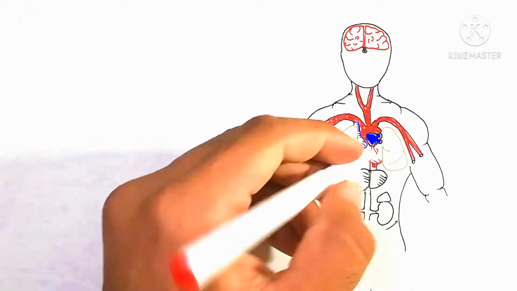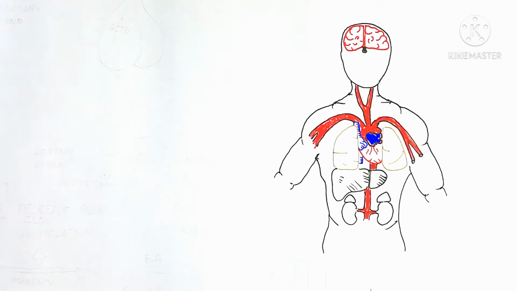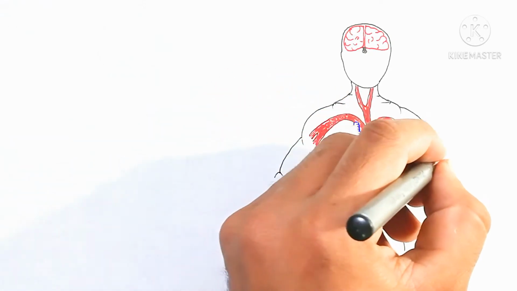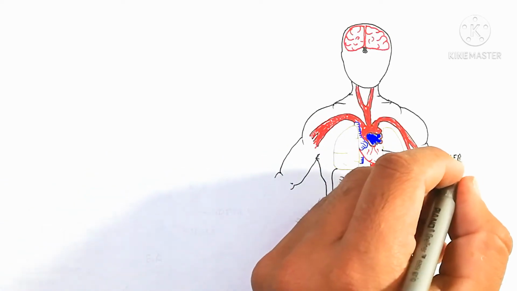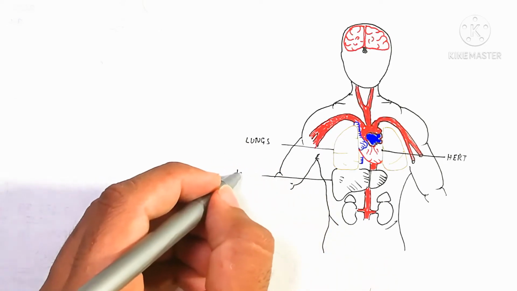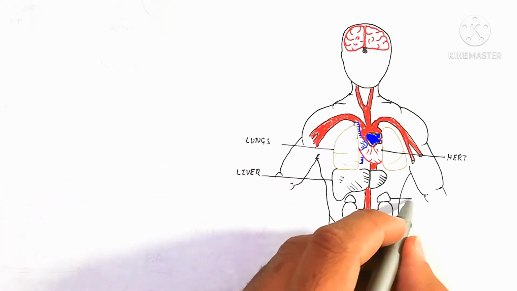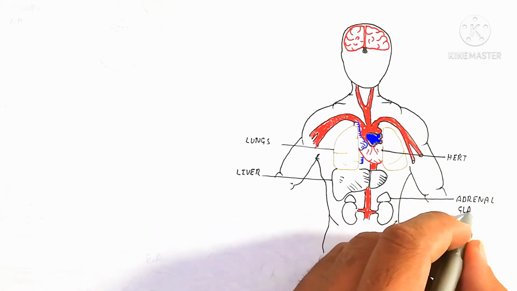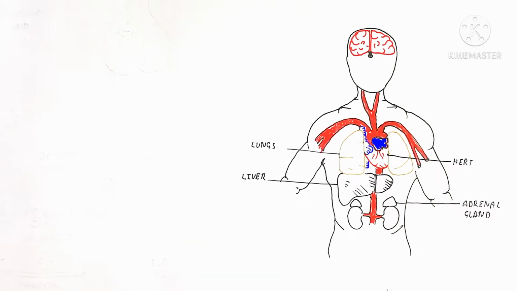So here is the blood vessel that arises from the aortic arch and descending aorta, and the descending aorta going to the renal blood flow. And here is the kidney, which has two, and a pair of adrenal glands is also present on the upper side of the kidney. On the other hand, here is the liver and here is the lung, and that is the heart.